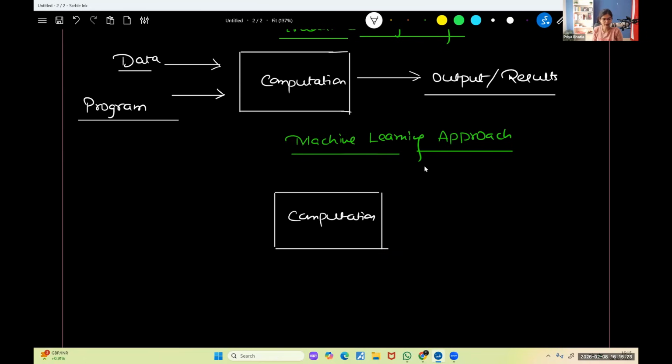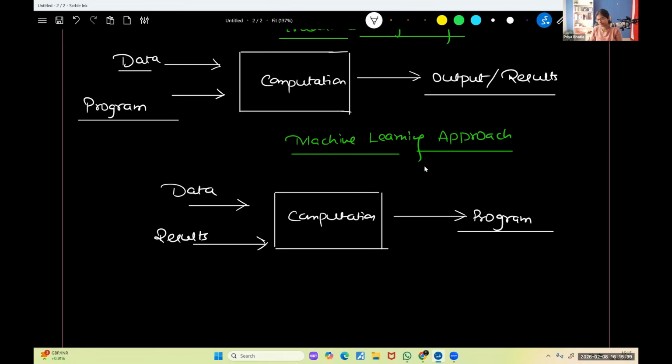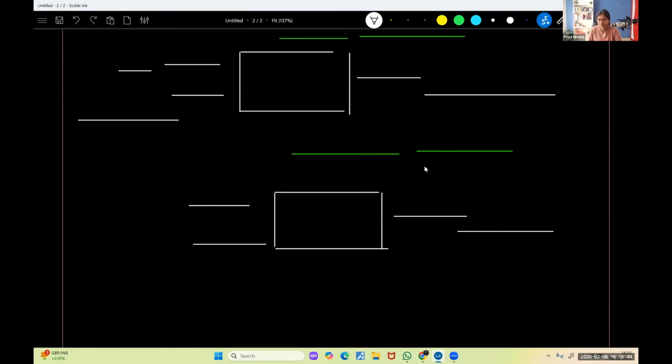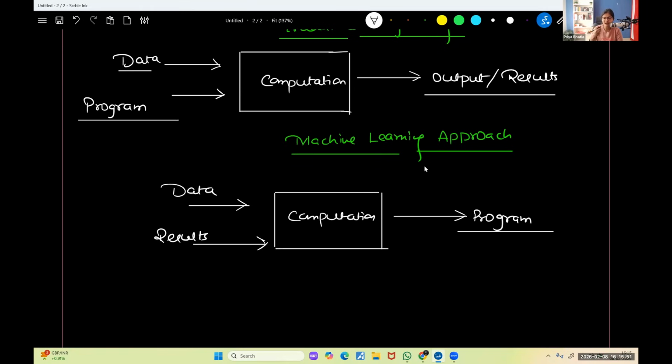But over here, what we are feeding as an input is the data and its corresponding results, which we also call labels. And as an output, what we are getting is an end-to-end program of it. Are you getting my point? So when I'm saying my model is doing a computation, it means that it is actually learning the patterns. And once it starts learning the pattern, according to that, it will be able to give me the program corresponding to it, and things will happen like that.